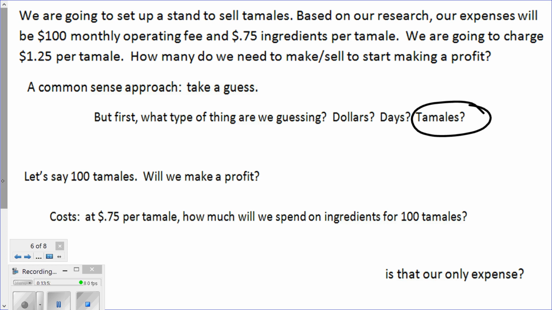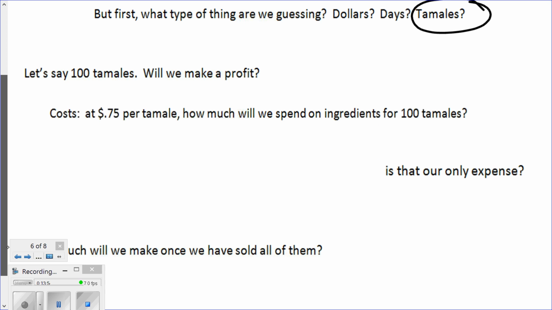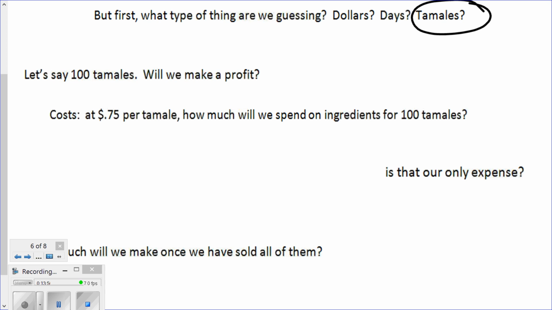Look at this. Our costs are 75 cents per tamale. How much would we spend on ingredients for 100 tamales? 100 tamales times 75 cents. We're going to spend $75 in ingredients. Is that our only expense? Nope, we've got that operating cost.